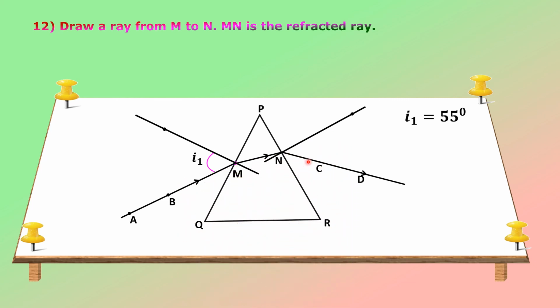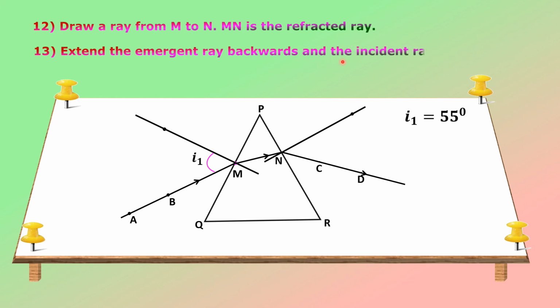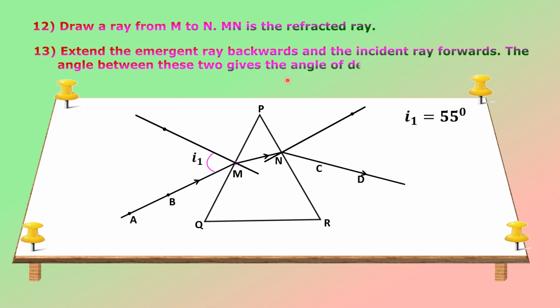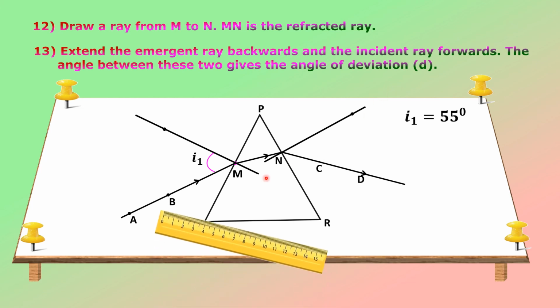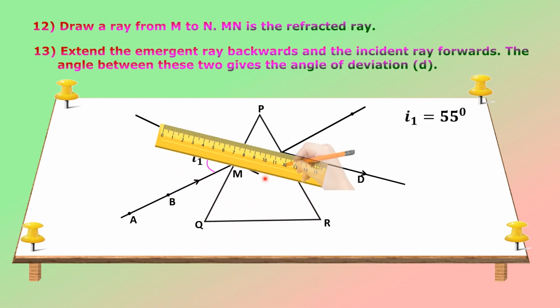Next we have to extend the emergent ray backwards. Extend the emergent ray backwards and the incident ray forwards. The angle between these two gives the angle of deviation D. I am extending it backwards.